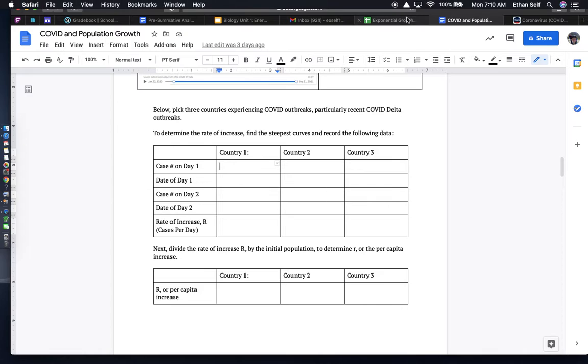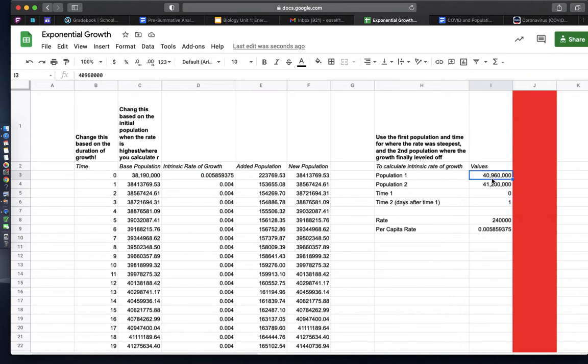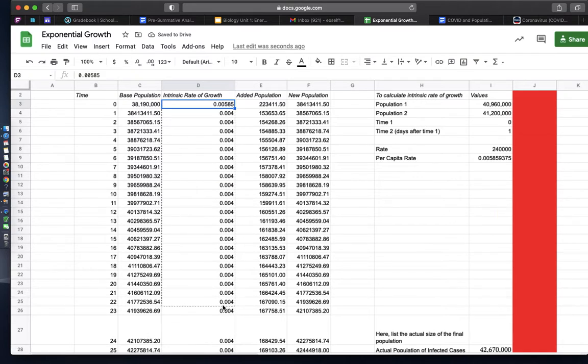And if you do the math, or if you put those values in your spreadsheet, you'll get a growth factor of 0.005895. You're going to want to make your intrinsic rate of growth that value.